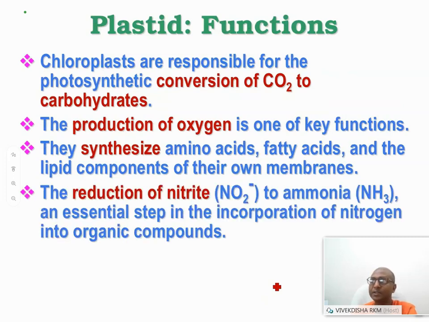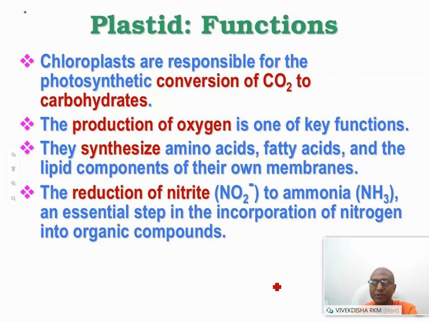So synthesizing this type of thing, and another important function is the reduction of nitrite. We require nitrogen to be incorporated into organic compounds. Nitrogen is a very important component in body formation of all living organisms. To supply nitrogen to plants, we generally supplement with fertilizer or manures.